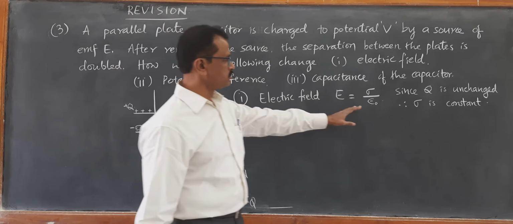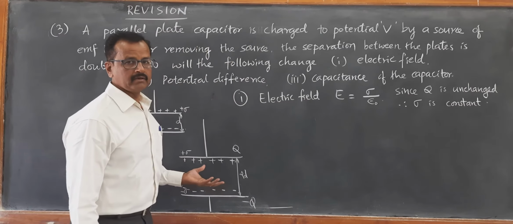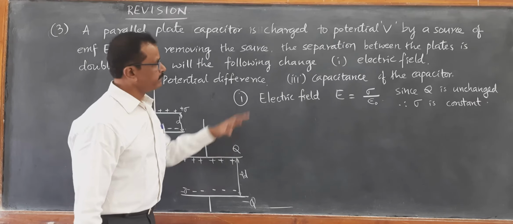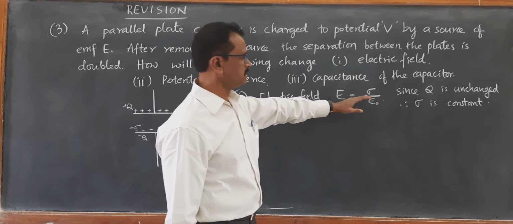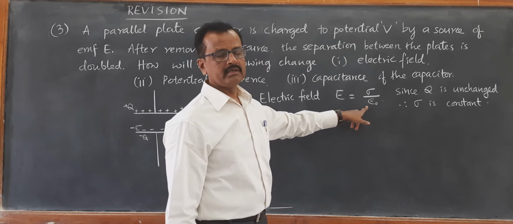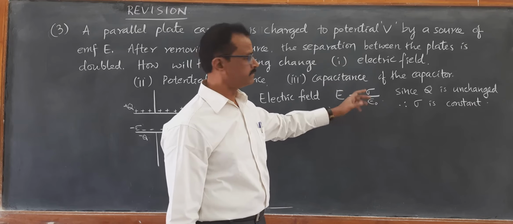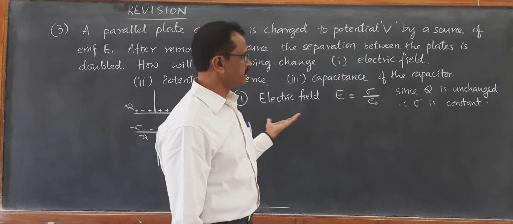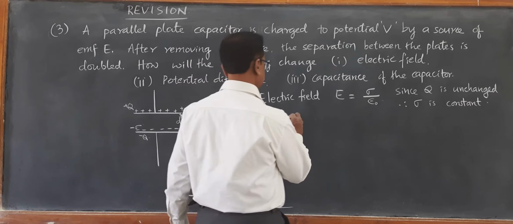Epsilon naught corresponds to the permittivity of free space. Let us assume it is free space, vacuum, and the medium is not changed according to the problem. So the electric field depends on charge density and inversely on the permittivity of free space or of the medium. Both are not changed, therefore the electric field remains the same.